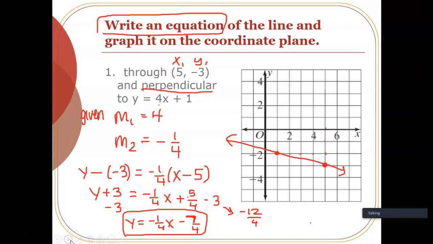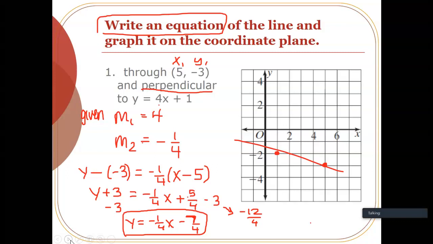Graphing lines, you need to have arrows in both directions. If you were to simply just draw me a line segment and you ended it without those arrows, you would lose a point on my quiz because that's a line segment, not a line.